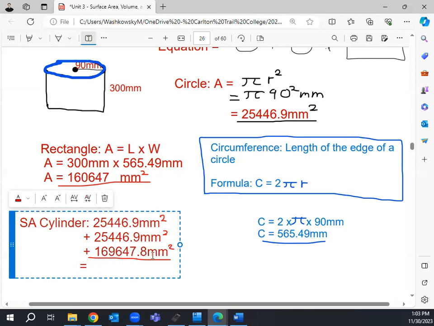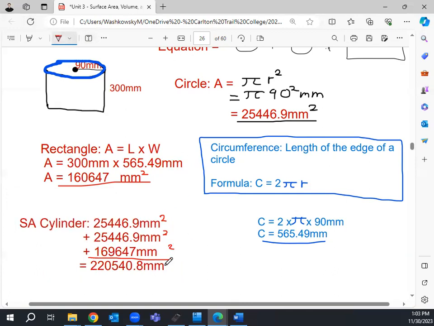I'll give you a second to adjust that. You might have to scratch something out. Where I got that 220,000 was the total thing of the cylinder, which is my final answer, so I'm going to give it a circle. I'll give you a second to get caught up.